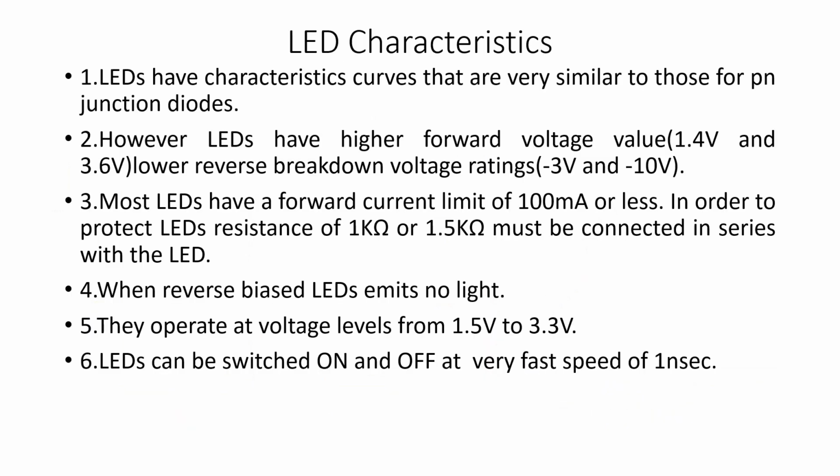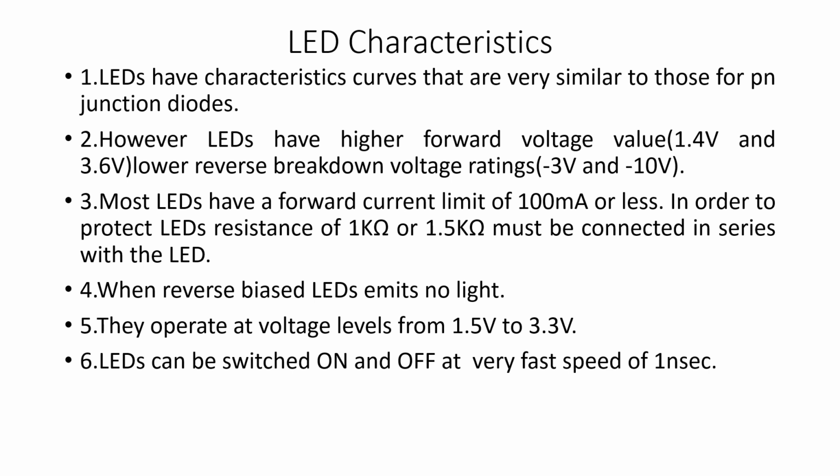Next we'll see certain features of the LED, and these are also the advantages of the LED. The characteristic curve of the LED is similar to the PN junction diode that was already explained, and the operating voltage will be from 1.4 volt to 3.6 volt, and reverse breakdown voltage will be minus 3 volt to minus 10 volt, and the forward current rating will be very less, that is 100 milliamps or even less.